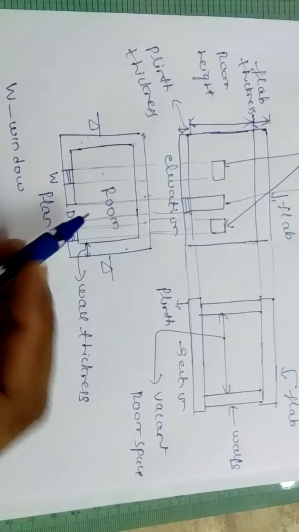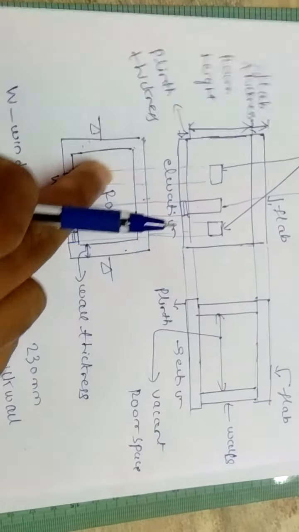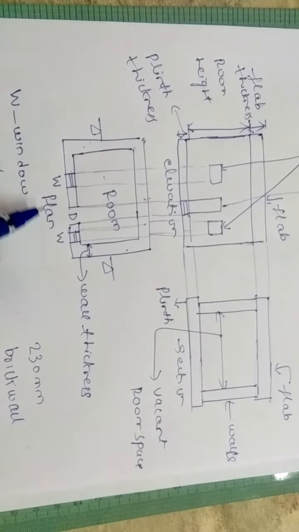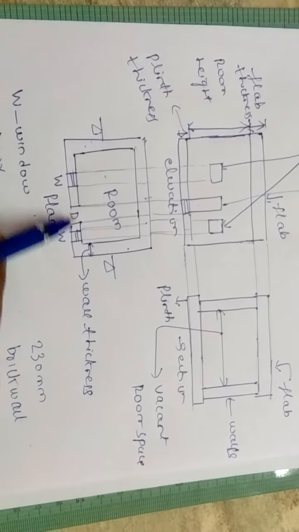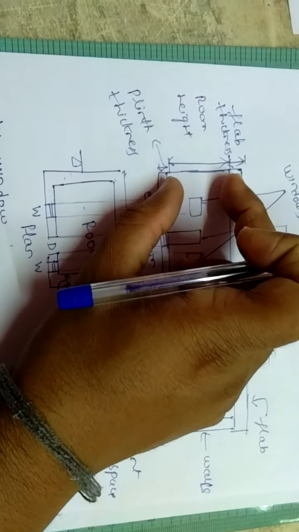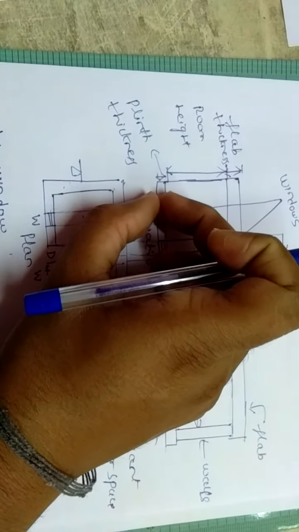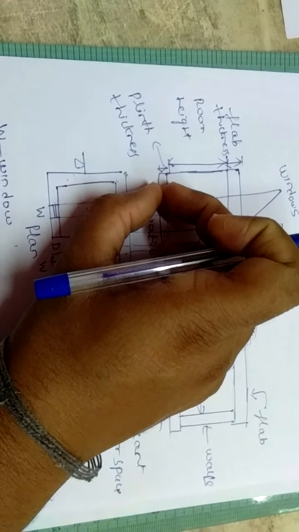Okay. So how can we imagine the elevation now? As I told you, this is the plan. You stand here and see this portion of the wall or this portion of the room, height wise. This is the height of the room or the wall height, above there is the slab and below there is the plinth.